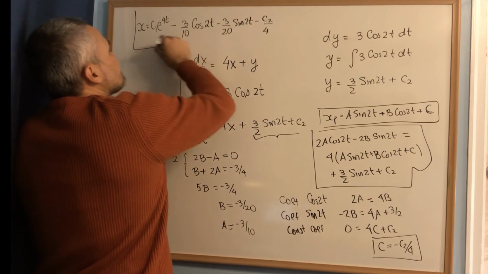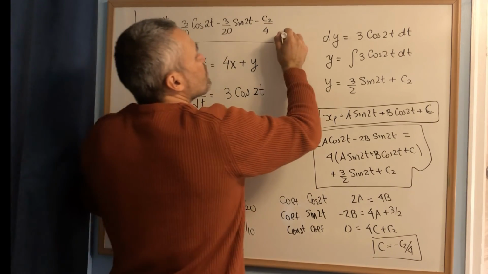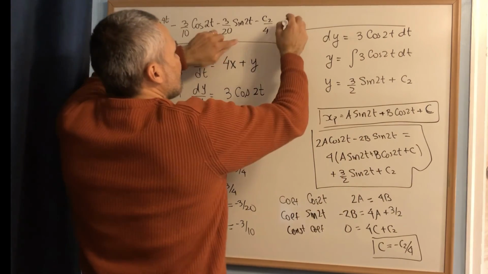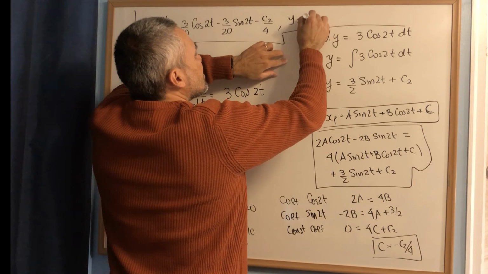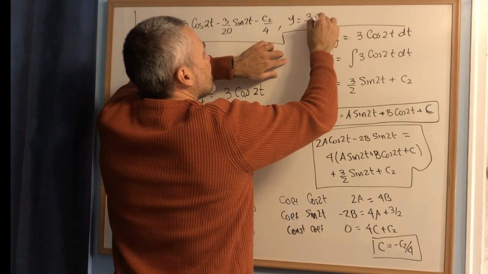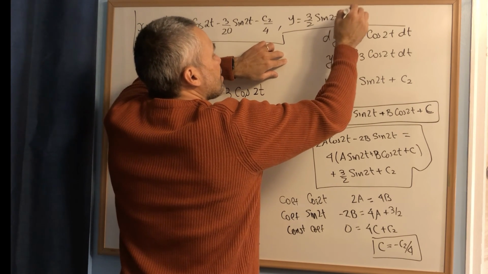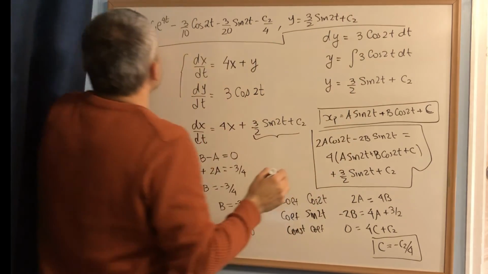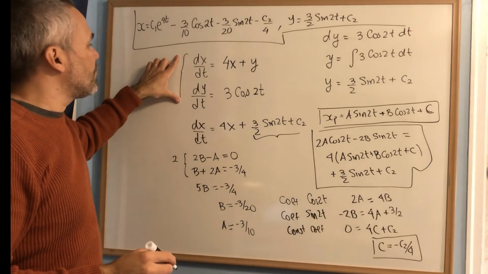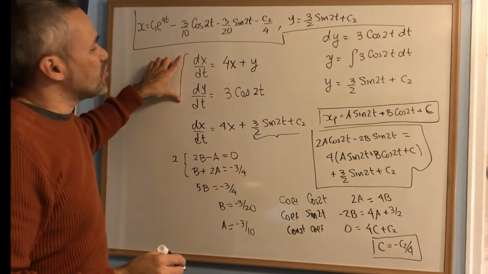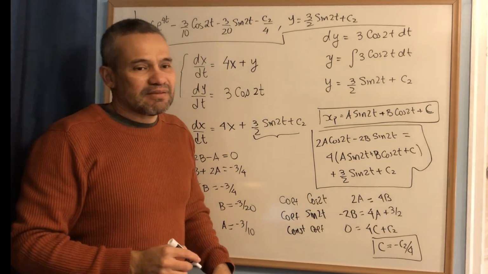This is my X, and the function Y was already here. Let me rewrite it so that we have the two solutions. The function Y is 3/2 sine of 2t plus c2. Then this is the function X, this is the function Y, and that's the general solution of this decoupled system. Okay, this is it with this example.